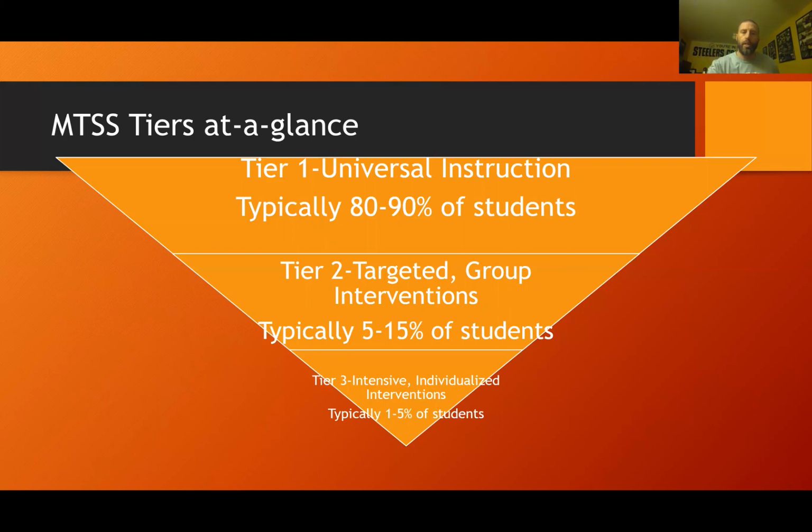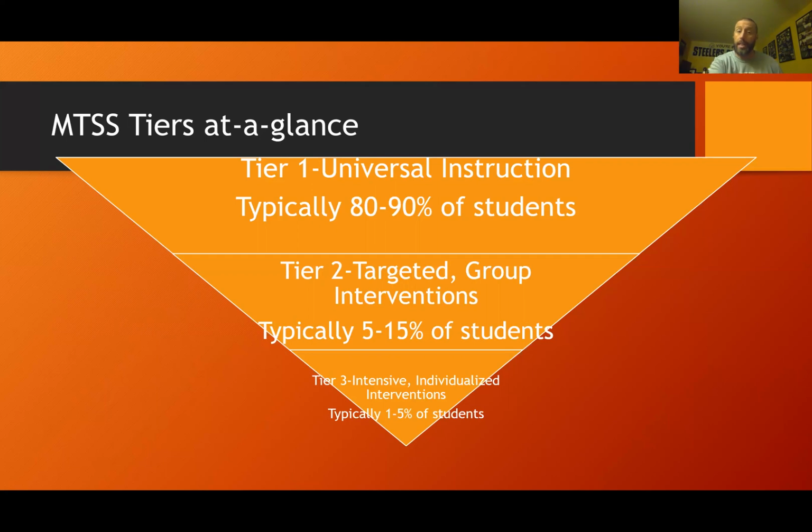When we move into tier 2, we've got our targeted interventions that are done in a group. And typically, hopefully, this should be 5 to 15% of our students. But then you may occasionally have a tier 3 person, which is someone who really requires intensive, individualized interventions. And that hopefully is going to be 1 to 5% of the student population.